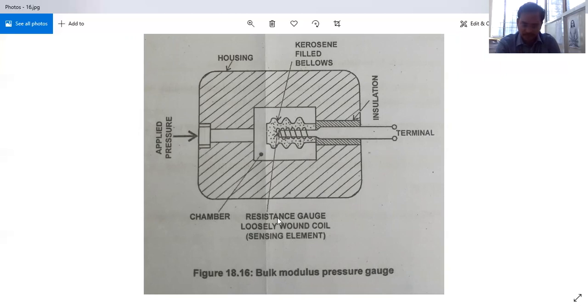This sensing element is a resistance gauge, a loosely wound coil of fine wires. The terminals of the sensing coil are taken outside to check in the Wheatstone bridge.